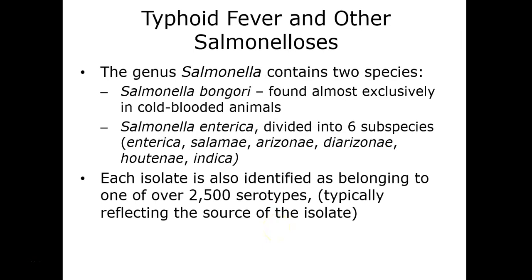So the genus Salmonella contains really two big species, Salmonella bongori, which is found almost exclusively in cold-blooded animals, and Salmonella enterica, which is divided into 6 subspecies. And there are about 2,500 serotypes that can be identified from these different pathogen groups.